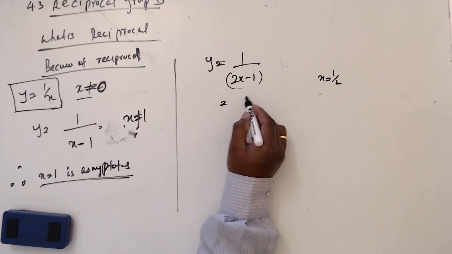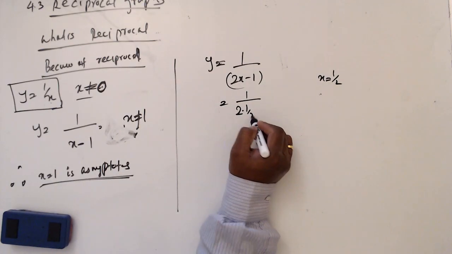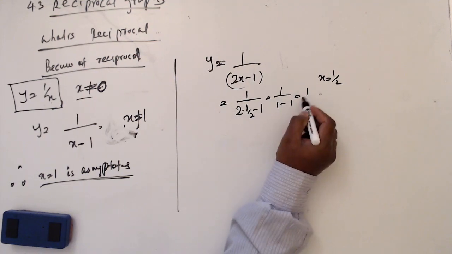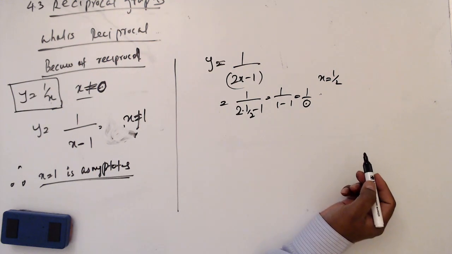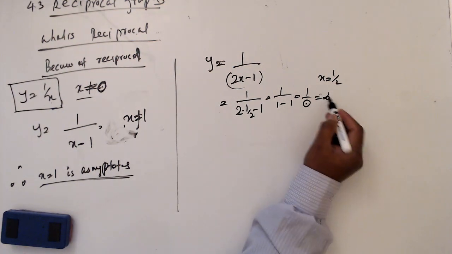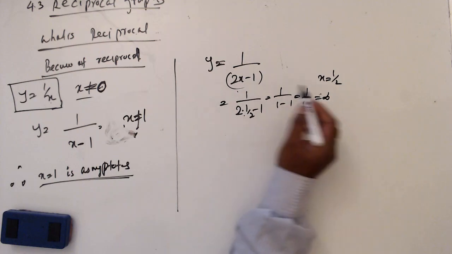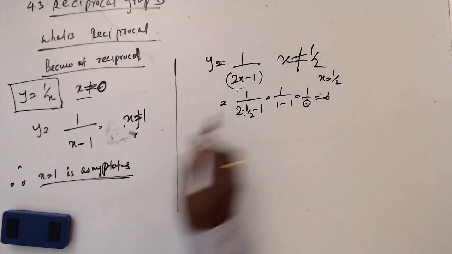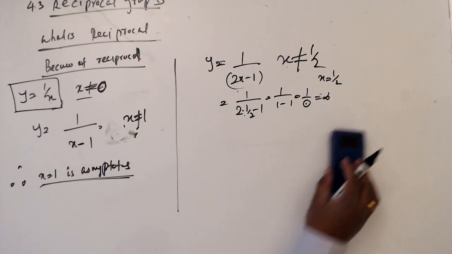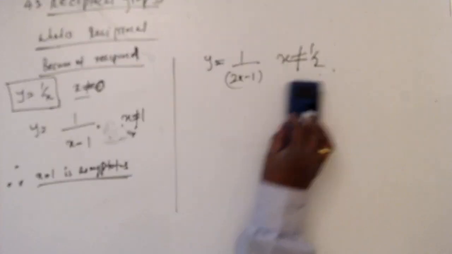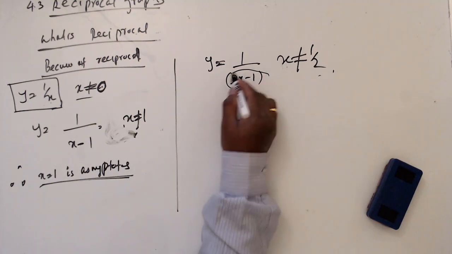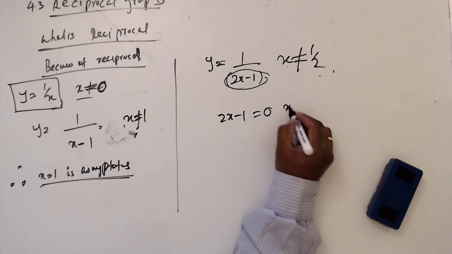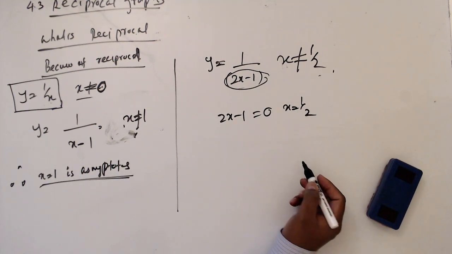When you put 2 times half minus 1, it makes 0, then this becomes infinity. Because of that, you have to write x is not equal to half. You can easily find this: take the expression 2x minus 1 equal to 0, then x equals half.